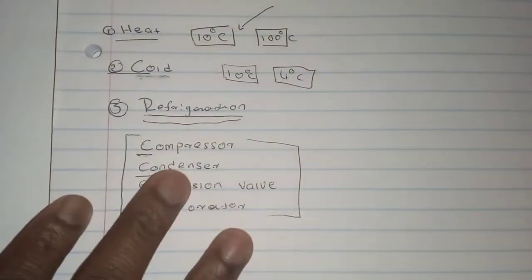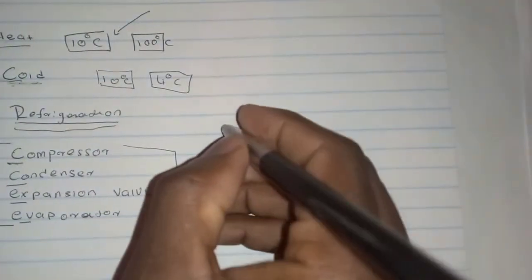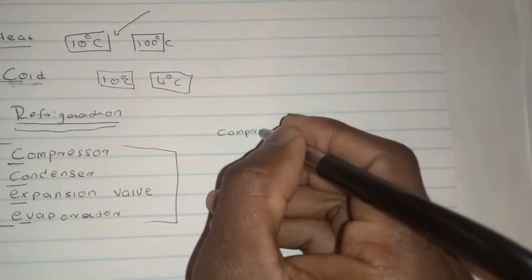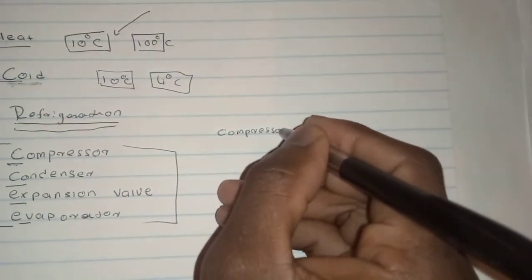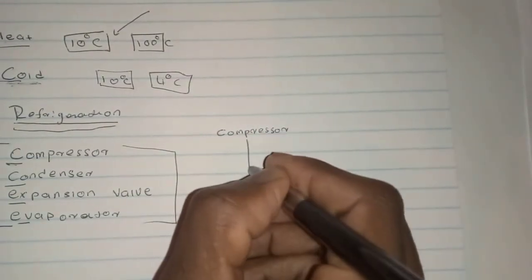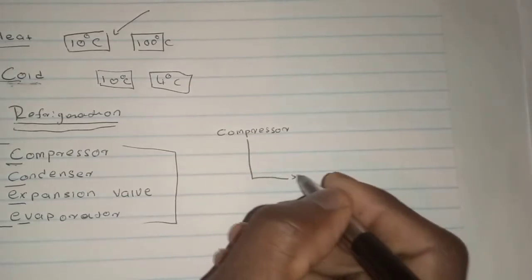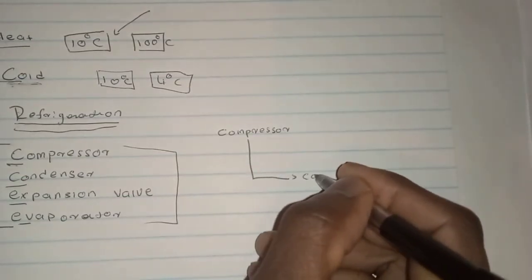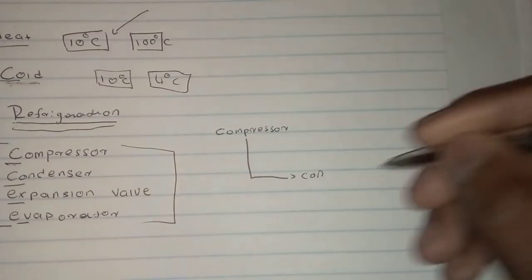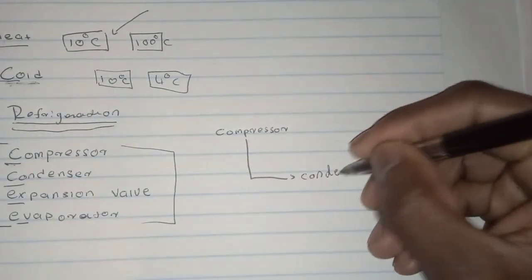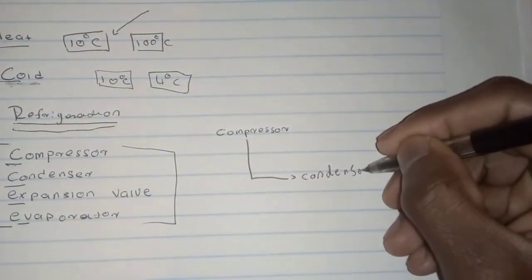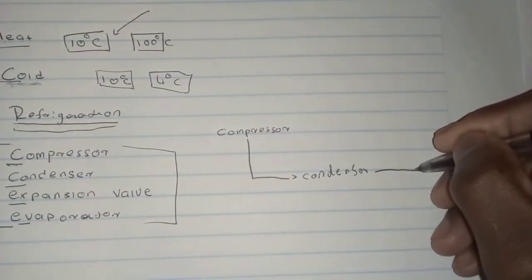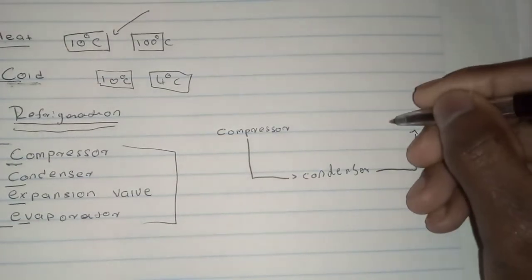The refrigeration system will be arranged in this manner. First, we will have the compressor. And then after the compressor, we will have the condenser. Right after the condenser, we are going to have the expansion valve.